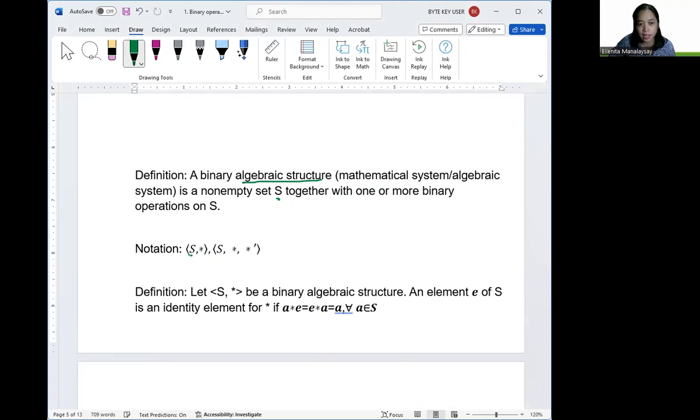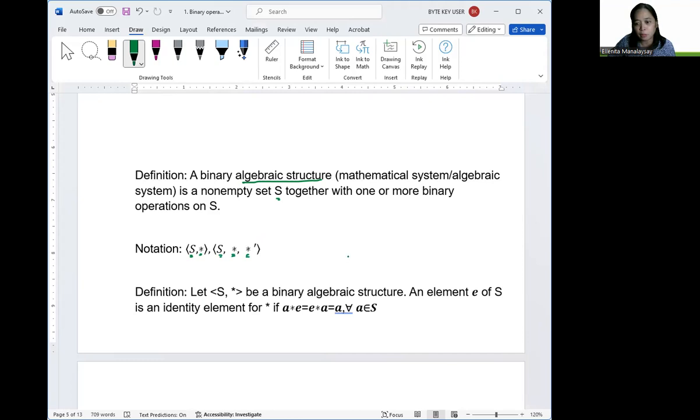We consider S and this binary operation star, or the definition says together with one or more binary operations. So it could be more than one binary operation. So we have this set S, the first binary operation, and the second binary operation, and so on. Okay, so that's algebraic structure.